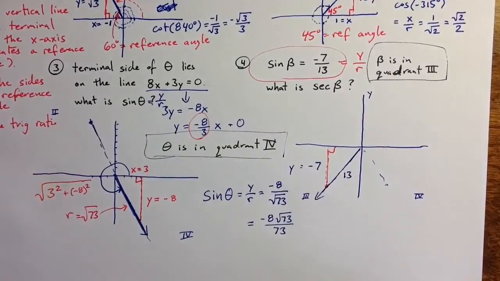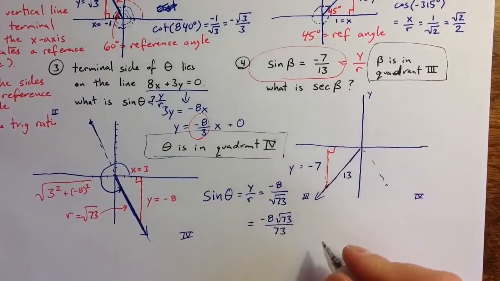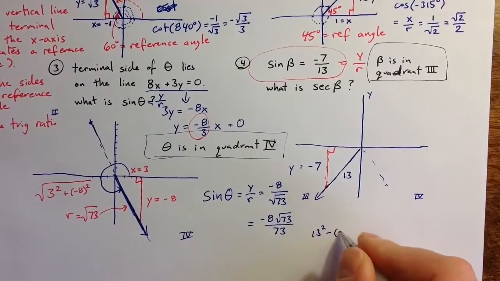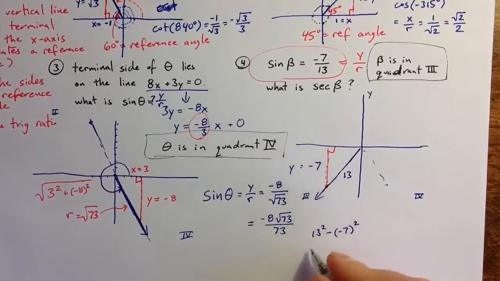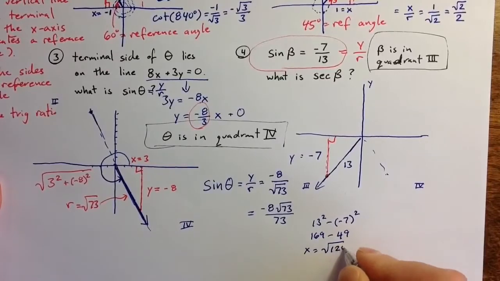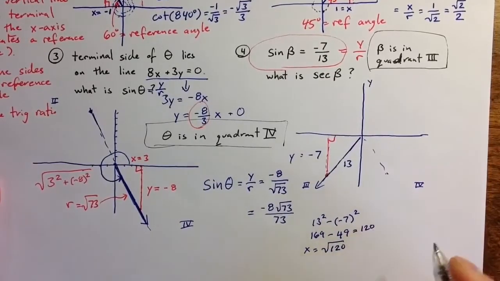And so we can use the Pythagorean theorem to figure out what the value for x should be. If I take 13 squared minus (-7) squared, we get 169 minus 49. And so that value for x is going to be the square root of 120, because the difference between those is 120.